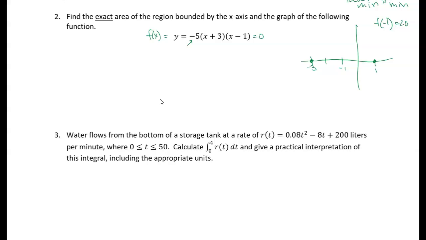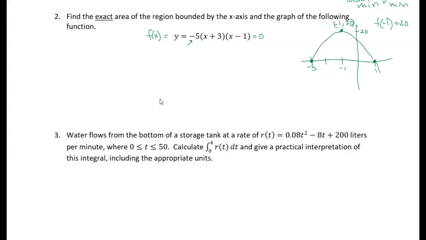Okay, now I have to use a different scale on my y-axis, but let's just say this is 20. And so we're going to have a vertex here at -1 comma 20. All right, and then it's going to be facing down from there. So my graph looks something like this.